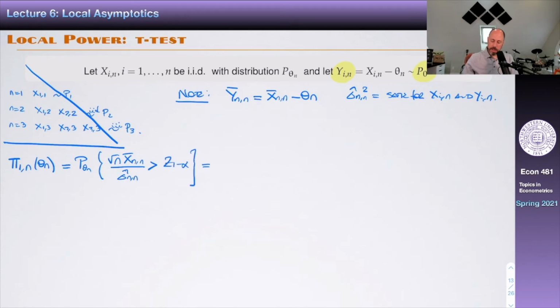And then this is the probability under the null now that square root n Y bar n over sigma hat n plus square root n theta n divided by sigma hat n is greater than z_{1-alpha}. And I'm going to take this to the other side.